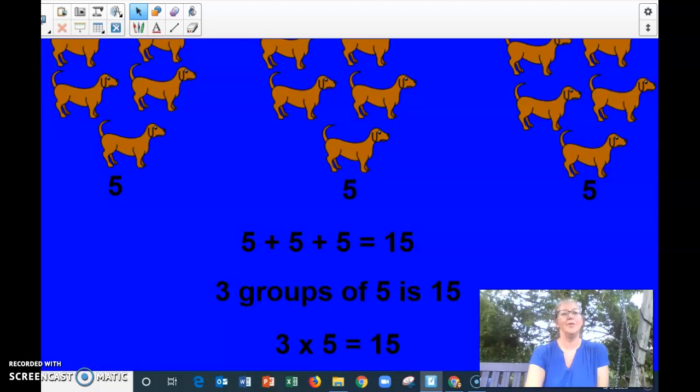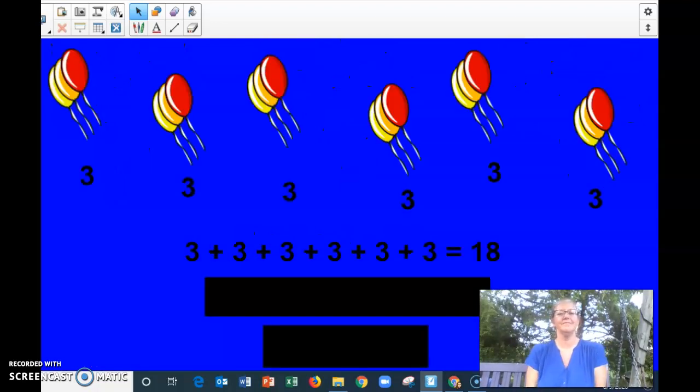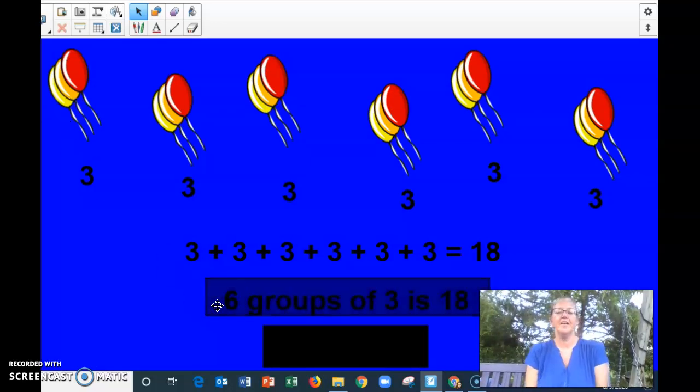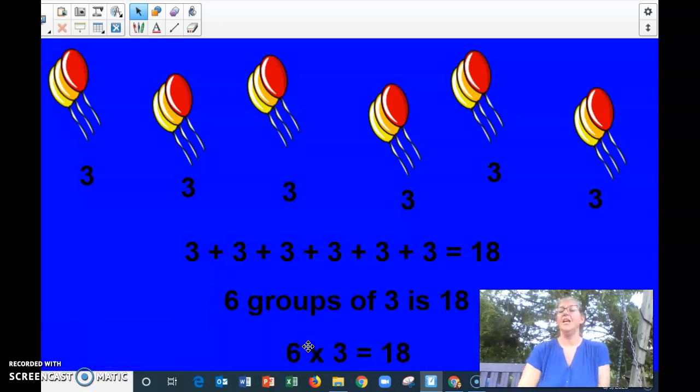All right, let's do that big balloon one. Here was the long one. This is the 6 groups of 3. 6 groups of 3 is 18. Think for just a second, what do you think that multiplication fact is going to look like? If you thought it was going to be 6 times 3 equals 18, then you are correct. Again, all 3 of these are describing what we see here.